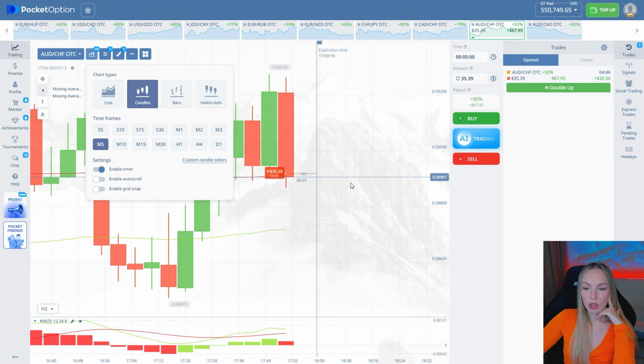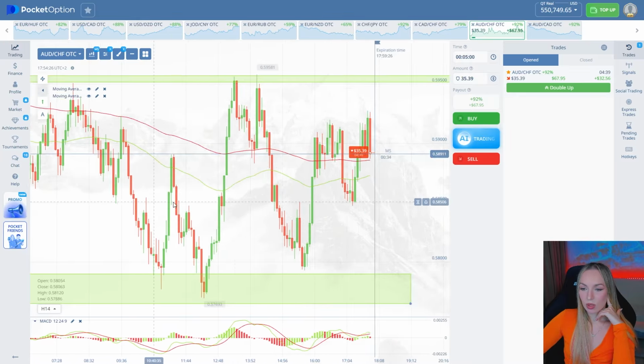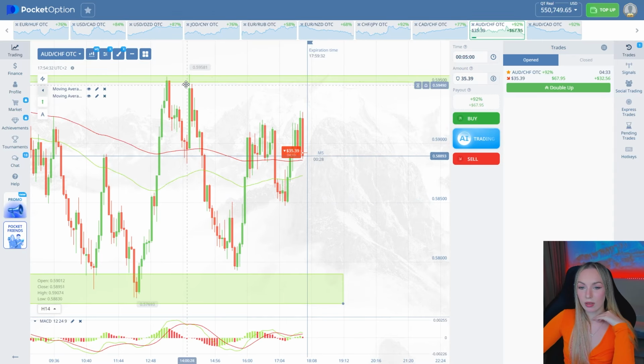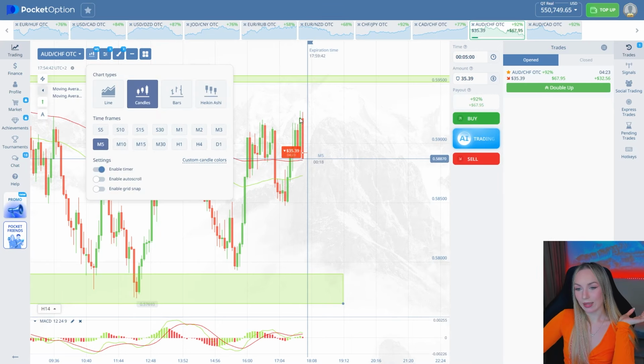And if we check it on the longer time frame, this chart is moving in a lateral trend. So here we can open trades up and down in any direction we want. It touches the resistance line and it goes down. Here it went almost halfway, and here again, and again it did the same here.